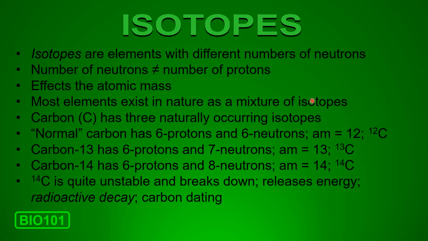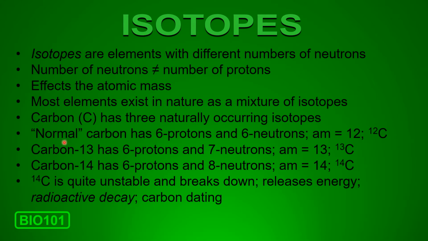You might be 6.999 acidic, or you might be 7.999 basic. Okay, so it jumps around there a little bit. So my point there is most elements exist in nature as a mixture of isotopes. We never always have just neutral carbon all the time.